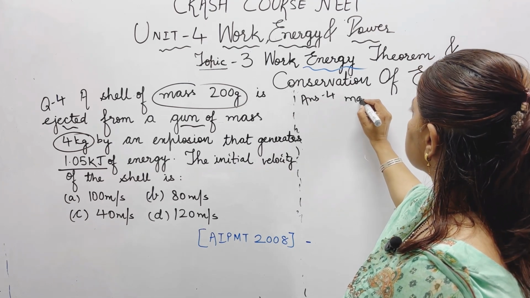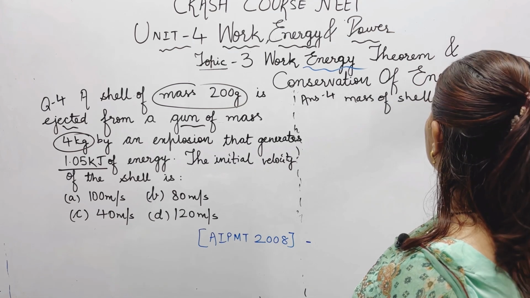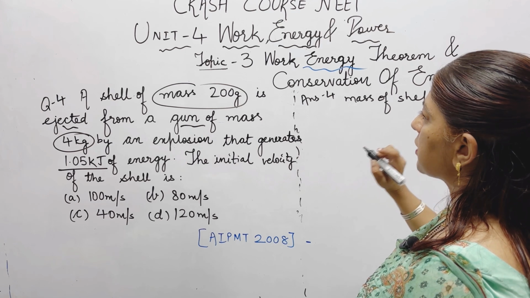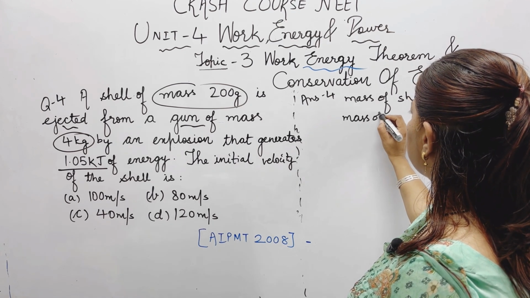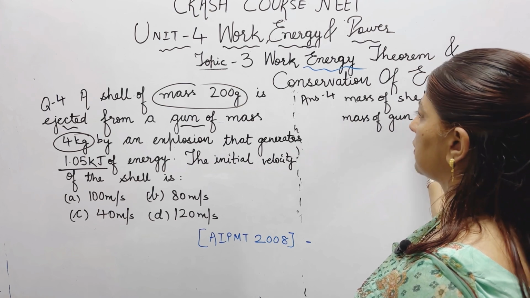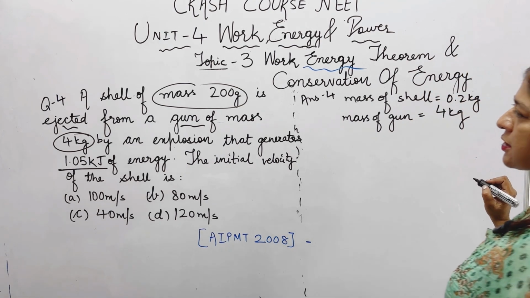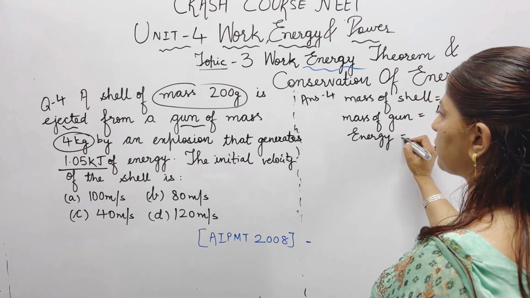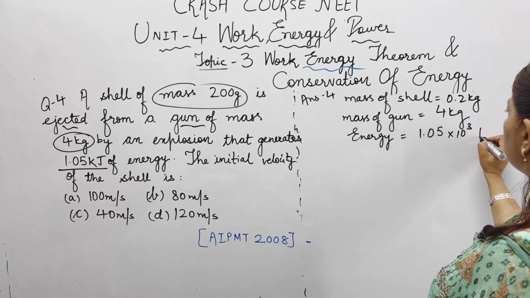The mass of shell is 200 gram, that is 0.2 kg, ejected from a gun of mass 4 kg. The energy generated because of the explosion is 1.05 into 10 power 3 joule.